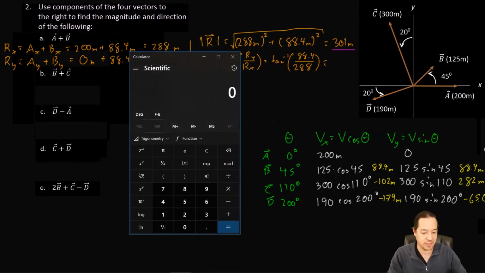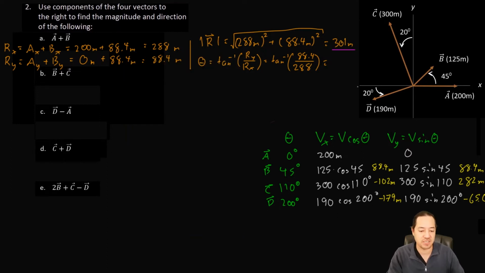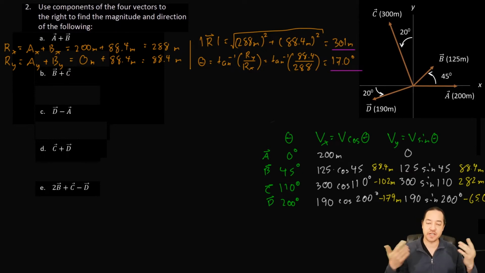We've got 88.4 over 288, and then we take the inverse tangent of that and we get 17.0 degrees. And that kind of makes sense, right? If we were to do this graphically and draw B over here, the angle here would be about 17 degrees. So it's making sense, okay? We've got the angle, we've got the magnitude of the resultant vector, we're done.